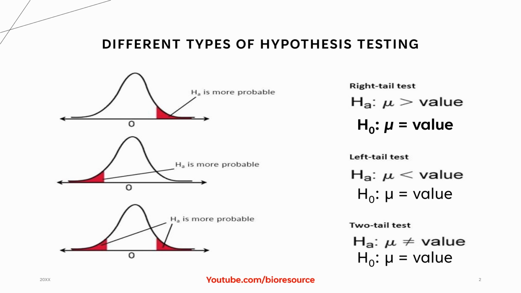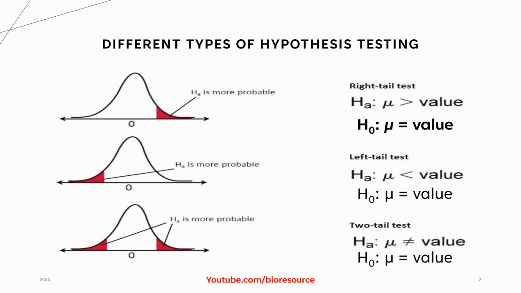Let's say your null hypothesis is that the mean is 50, and the alternate hypothesis says the mean is greater than 50. In that scenario, we will use a right tail test, meaning that if the alternate hypothesis says the mean is greater, so when the greater than symbol is there, then we will use a right tail test.